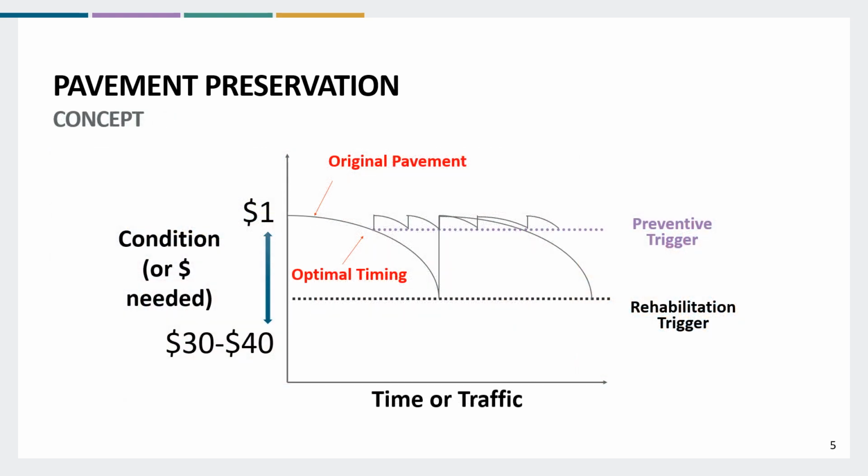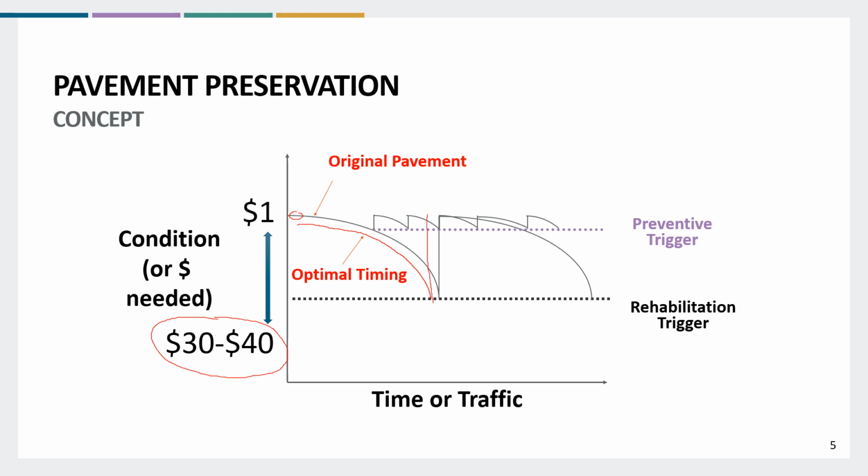This slide shows the concept of pavement preservation. When a road is first built, or at 100 PCI, there's two ways to address it. You either let the road run the course of its life until it hits the rehabilitation trigger, then you spend a considerable amount of money to bring that road back up.